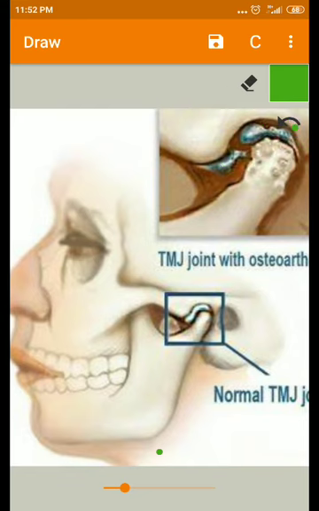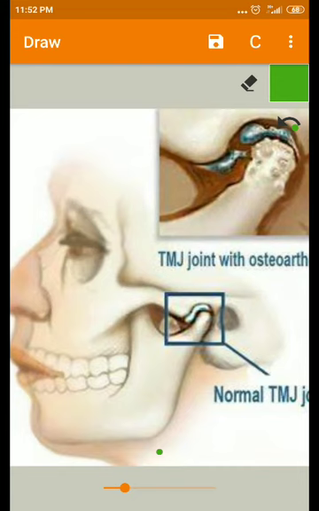And also you can discuss here hypermobility. That condition is called joint hypermobility, and also dislocation. Dislocation has almost the same features as displacement here.